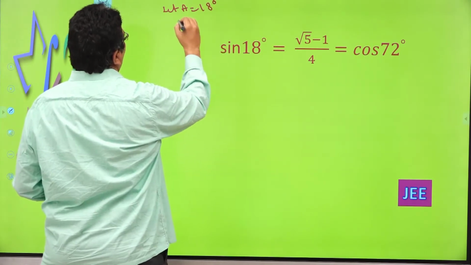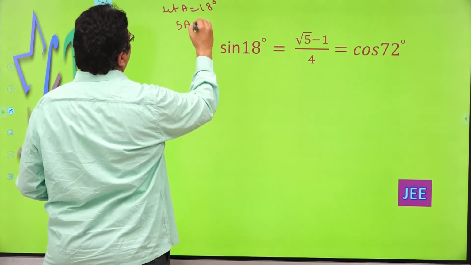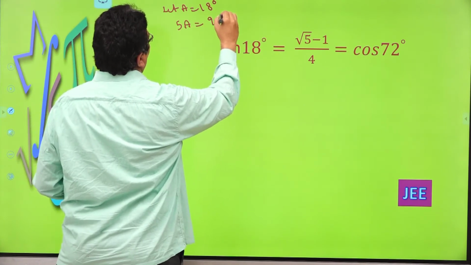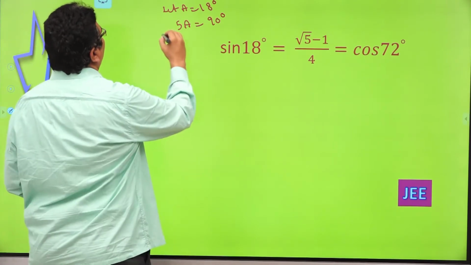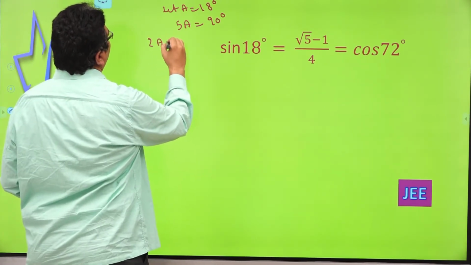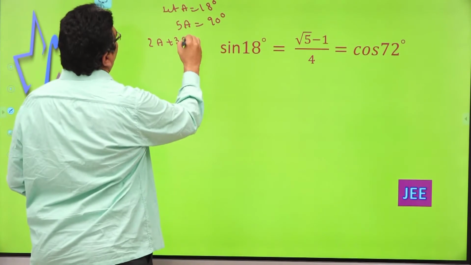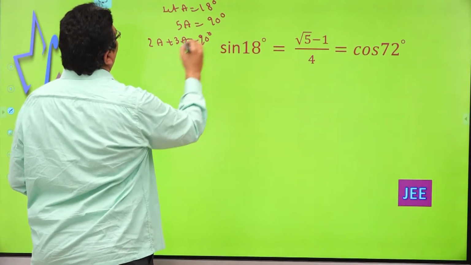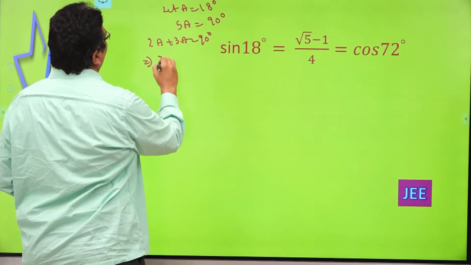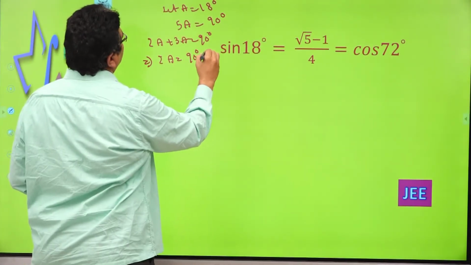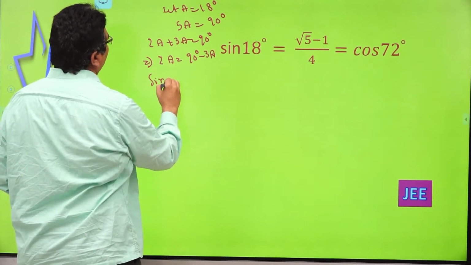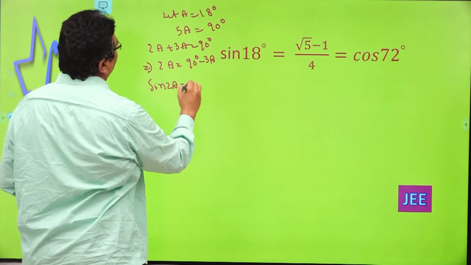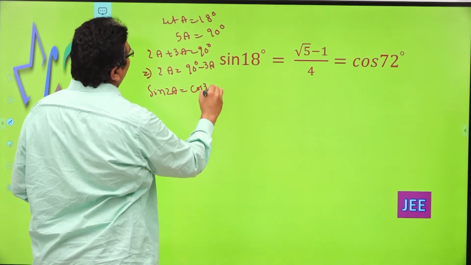Multiply this by 5 on both sides. 5a is equal to 90 degrees. 5a can be written as a plus 4a. Okay, that implies 2a is equal to 90 degrees minus 3a. Apply sine on both sides. Sin 2a is equal to cos 3a.